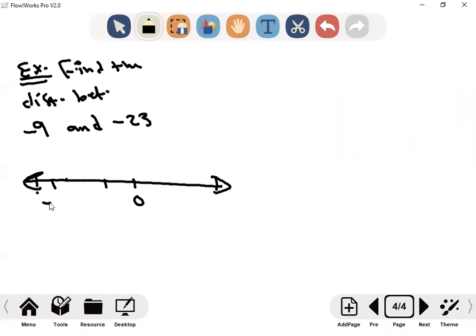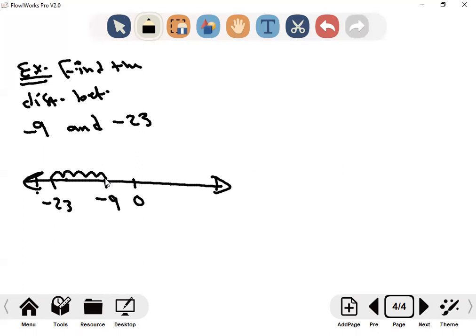So here we have negative 23 and here we have the negative 9. And I want the distance between them, right? What is the distance between these two integers? How many numbers are between them? Let's count 10, 11, 12 until 23, right? How much? 14. Yes.